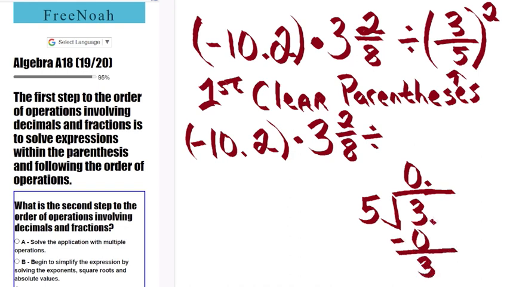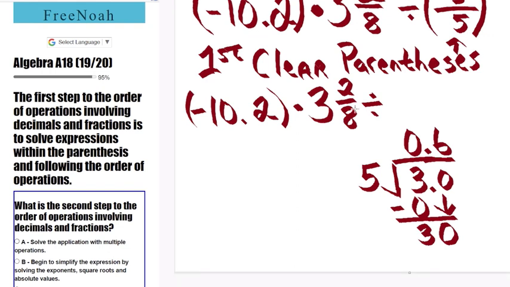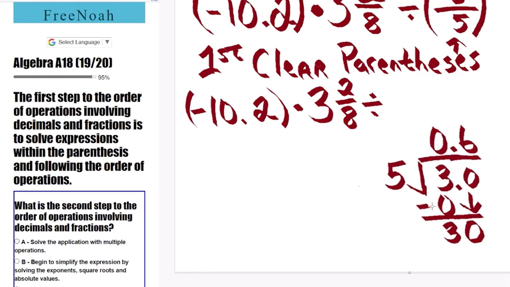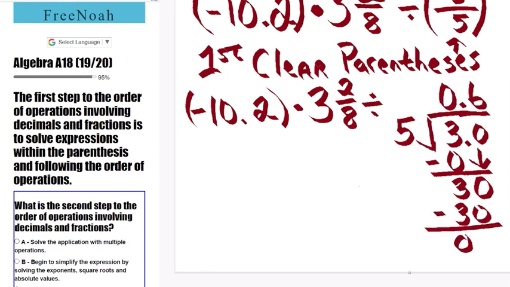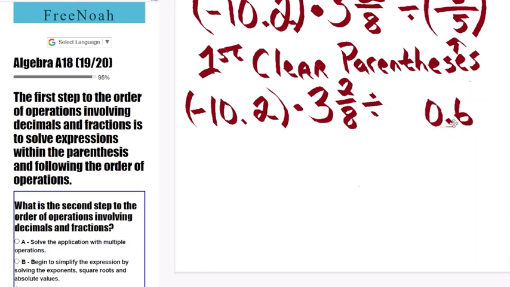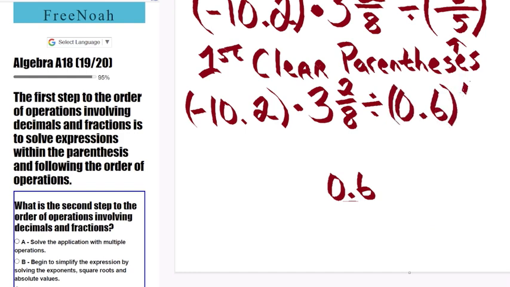Now we can borrow from the right side of the decimal, place a 0 here, and now we have 30. 5 goes into 30 6 times, 6 times 5 gives us 30, and 30 minus 30 will give us 0. So ultimately what this is stating here is that 3/5 is 6/10. Okay, so now we have 6/10 to the second power.